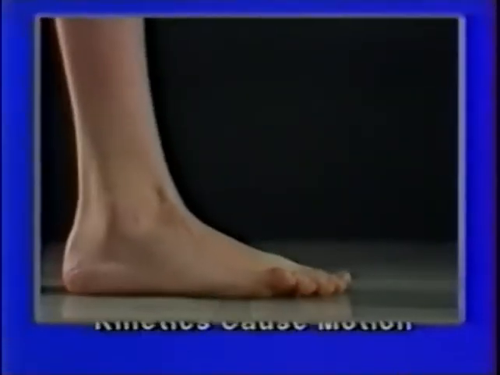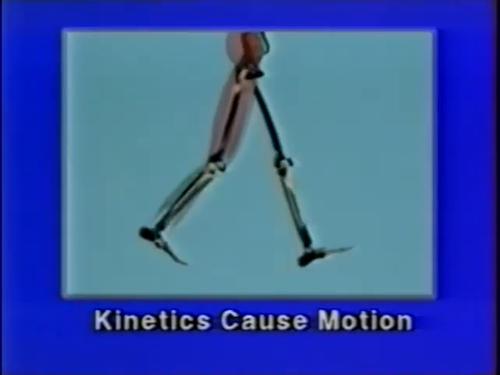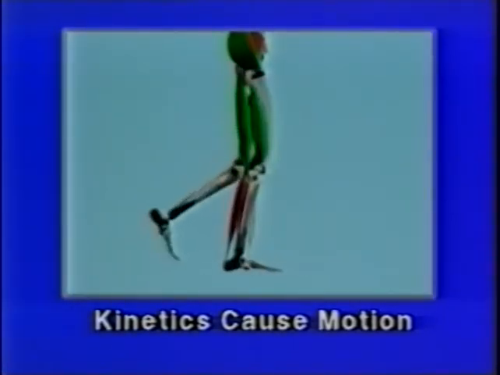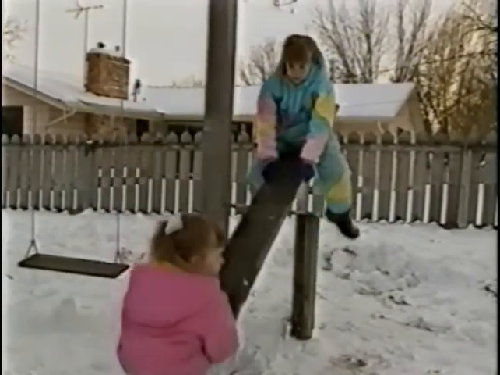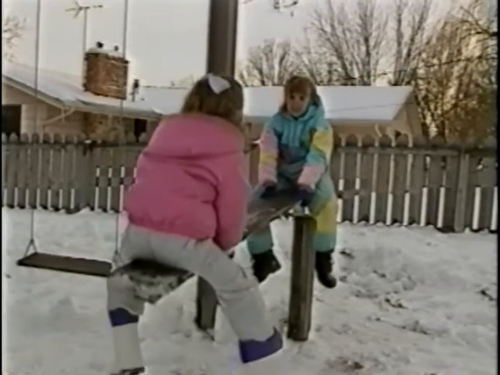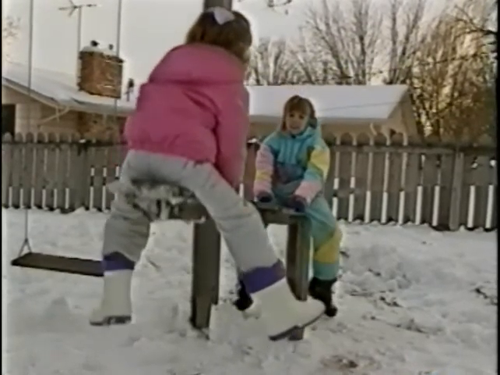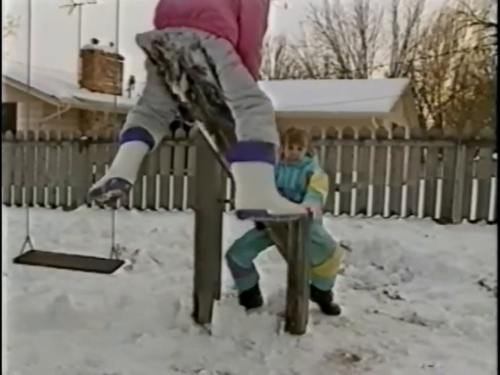Kinetics include the parameters that cause the movement, such as ground reaction forces, ligament forces, joint moments, and joint powers. A simple example is 2 children on a teeter-totter. Each child is creating a moment around the axle to which the teeter-totter is attached. If one child is lighter than the other, and both sit the same distance from the axle, the lighter child rises in the air.